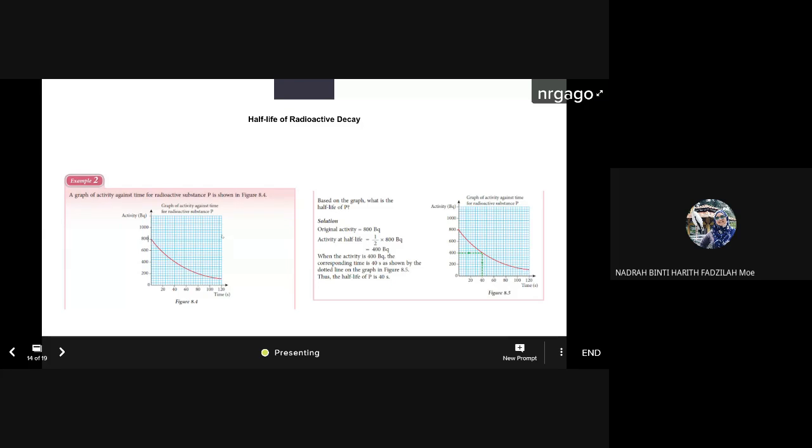At half-life, half-life means half of 800 Bq, which is 400 Bq. So from the graph, we can determine the half-life at 400 Bq.